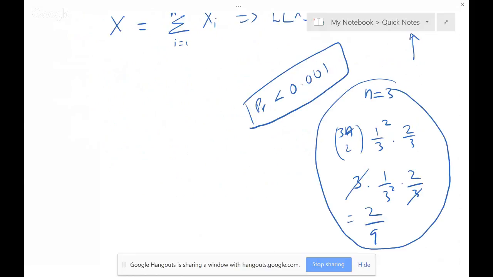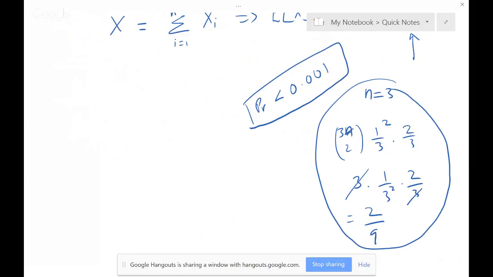So we basically want to give the number such that if you toss that many times, the probability of the number of heads exceeding n/2 becomes very, very small, less than 0.001.